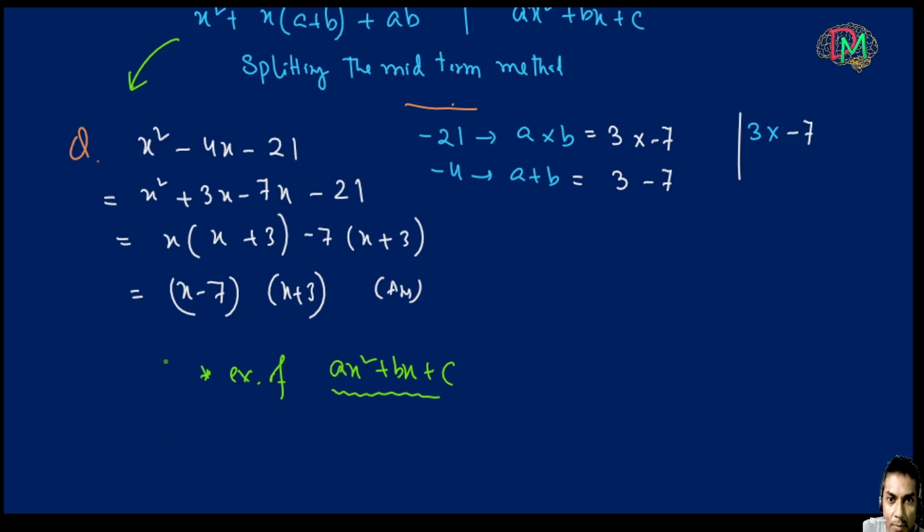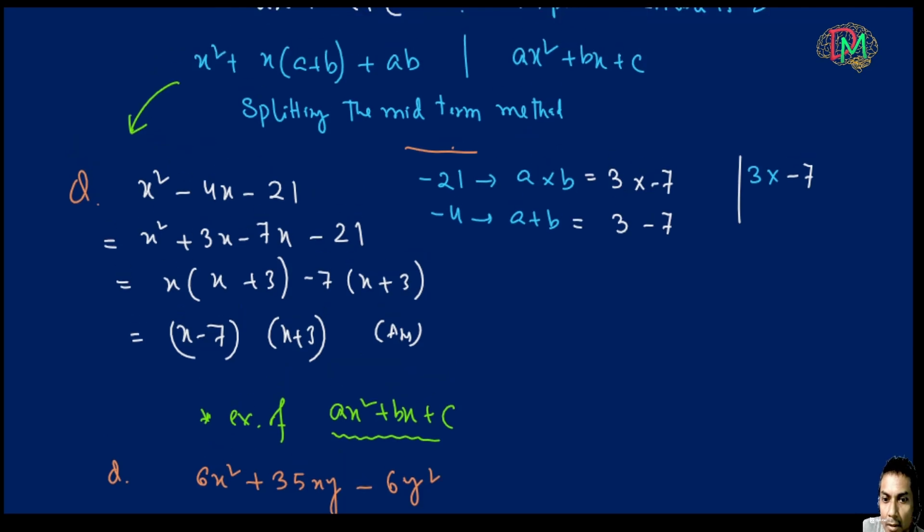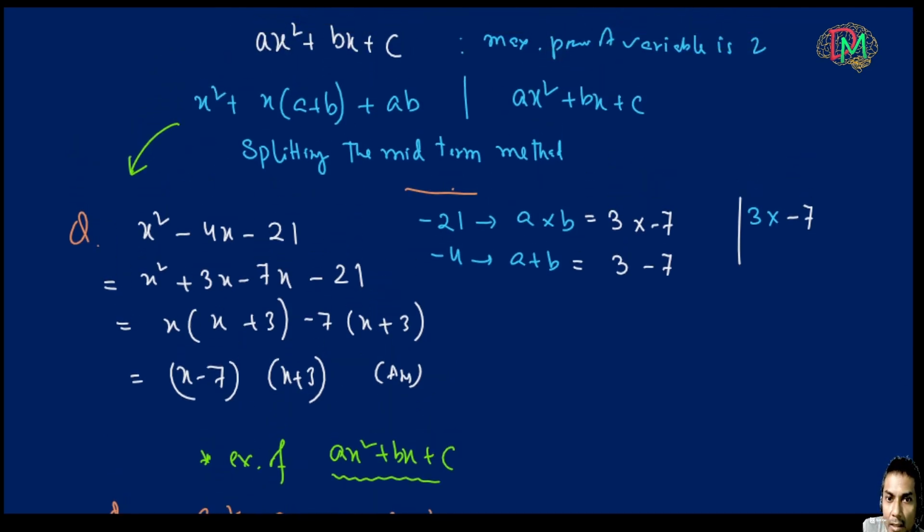Let's take one example. Suppose the question is given as 6x square plus 35xy minus 6y square. One thing I forgot to tell you: this example has two variables, but it could also be one variable.